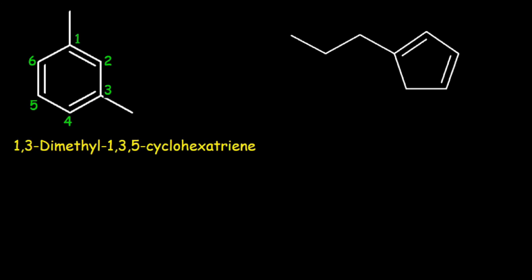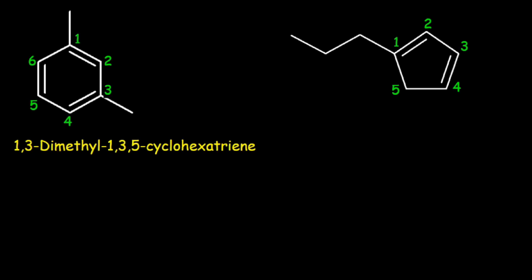This is a molecule with two parts. One part is cyclic and the other is acyclic. If a molecule contains both cyclic and acyclic parts, you have to give preference to the cyclic part as the heading part and the substituent would be the acyclic part. So start the numbering: 1, 2, 3, 4, and 5.